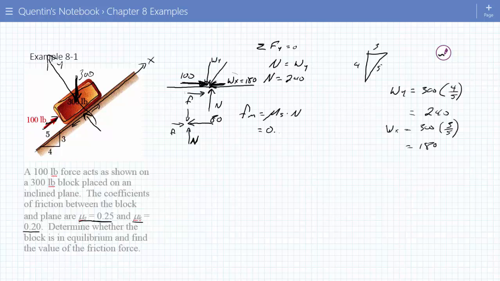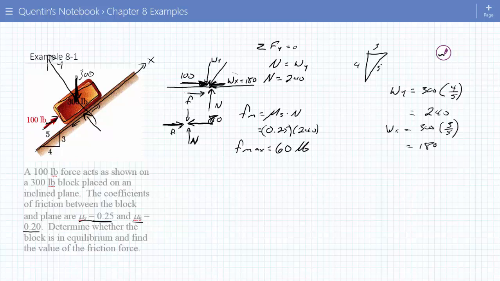And mu sub s is 0.25. And what is my normal force? It's 240. Okay, so my F max is 60. No more than 60 pounds. Okay. So if I have 60 pounds going in that direction and I have 80 pounds going in this direction, what's going to happen? It's going to move.